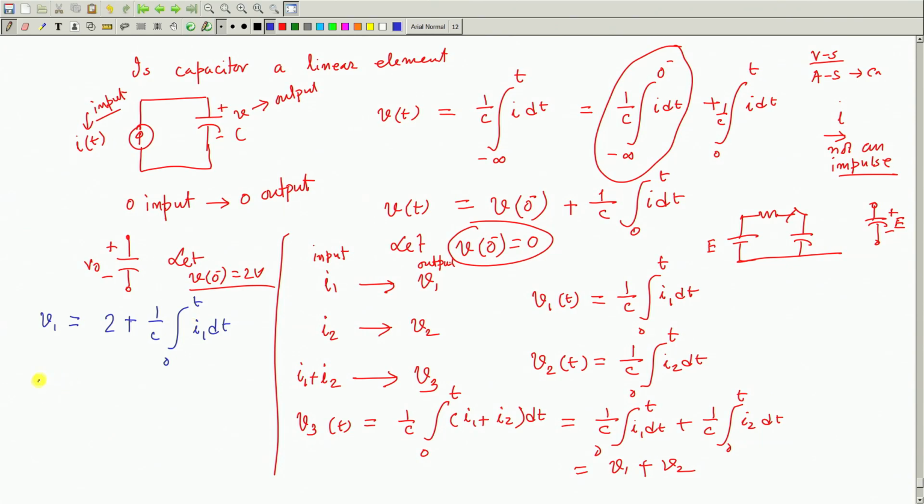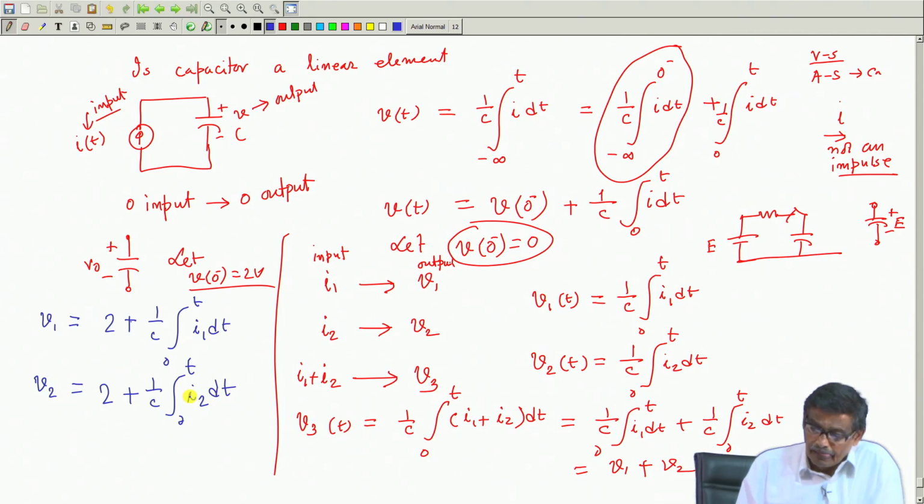Similarly, when you apply I 2 separately, what will be the output with the same initial voltage 2 volt? It will be 2 plus 1 over C integral from 0 to t of I 2 dt, is it not? What will be the response of the circuit, that is V 1 plus V 2?